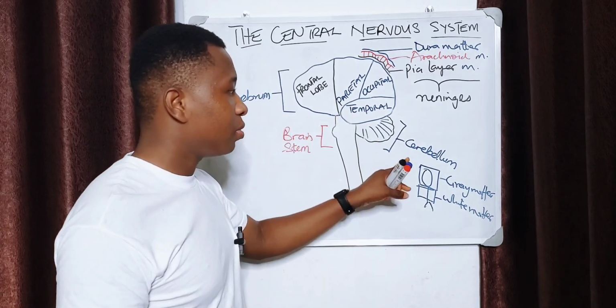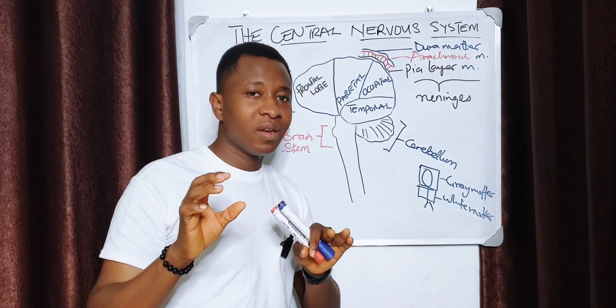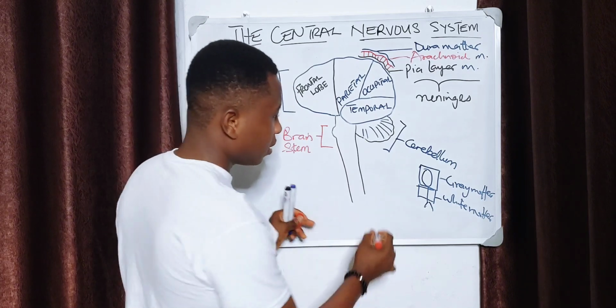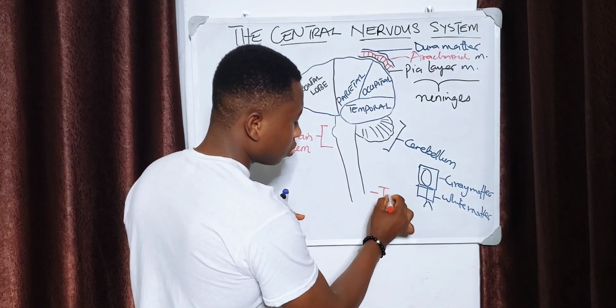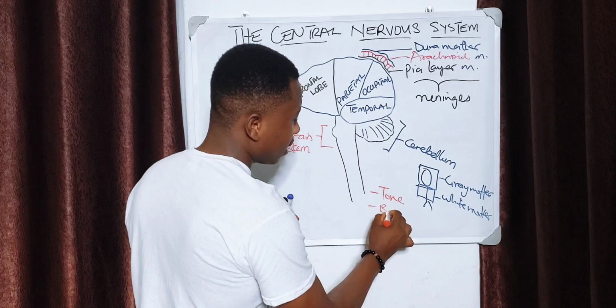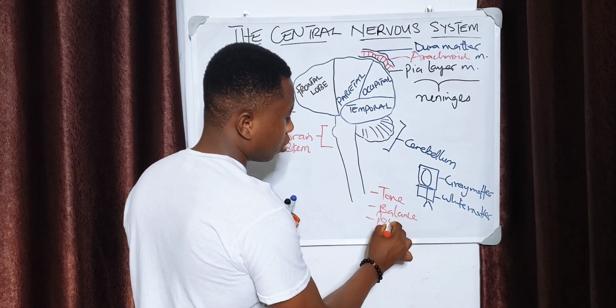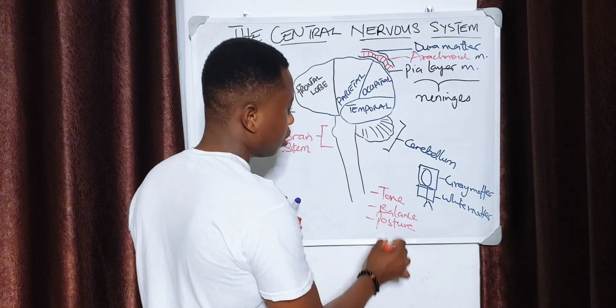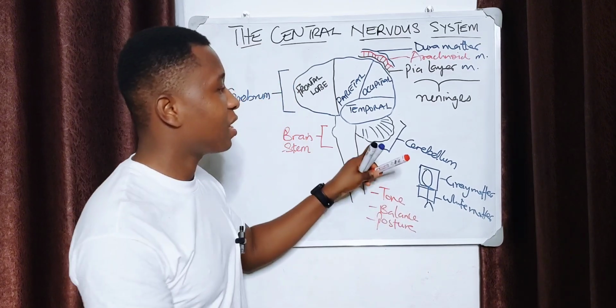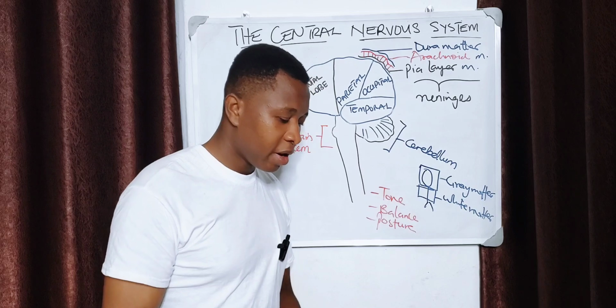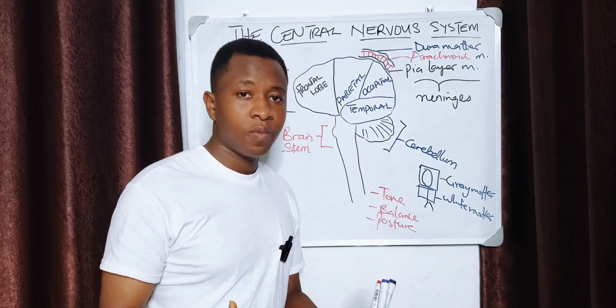Now looking at the cerebellum, it has three major functions: tone, balance, and posture. They are all controlled by this part of the brain, the cerebellum. I'll use a very simple example. Assume you want to pick up something.